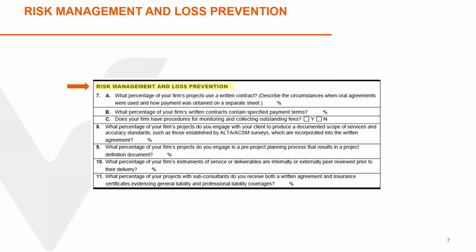Yeah. So if you take a look at question 8 in the middle of the risk management questions here, you'll see that it asks specifically about a documented scope of services such as those established by ALTA/ACSM. I wanted to briefly highlight this because the professional liability program that we underwrite and that we're familiar with is primarily design professional oriented, your architects and your engineers.